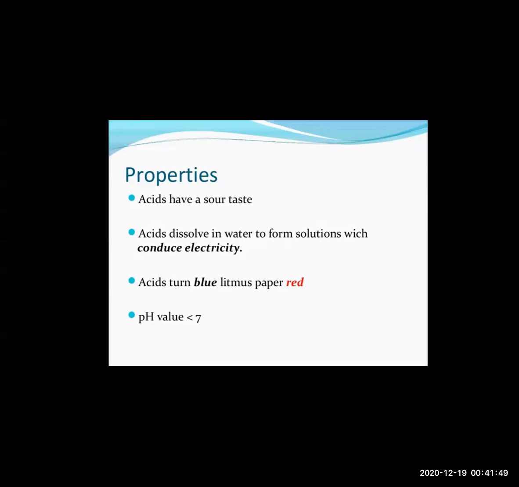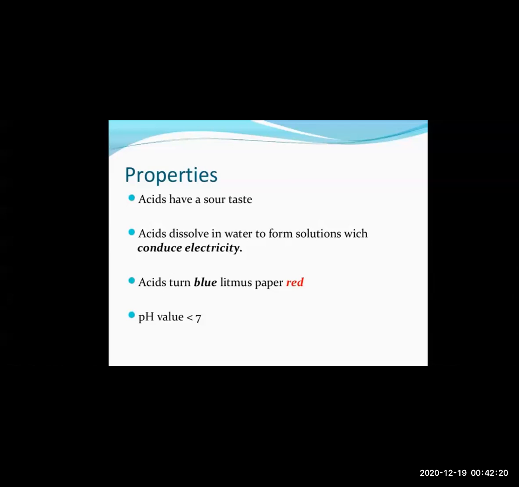In properties, we have studied that acid is sour in taste. It reacts with metals to form hydrogen gas. When acid reacts with metal, hydrogen gas is liberated, not hydrogen ion. When they react with other molecules, hydrogen ion is liberated. But especially when acid reacts with metal, hydrogen gas is liberated.